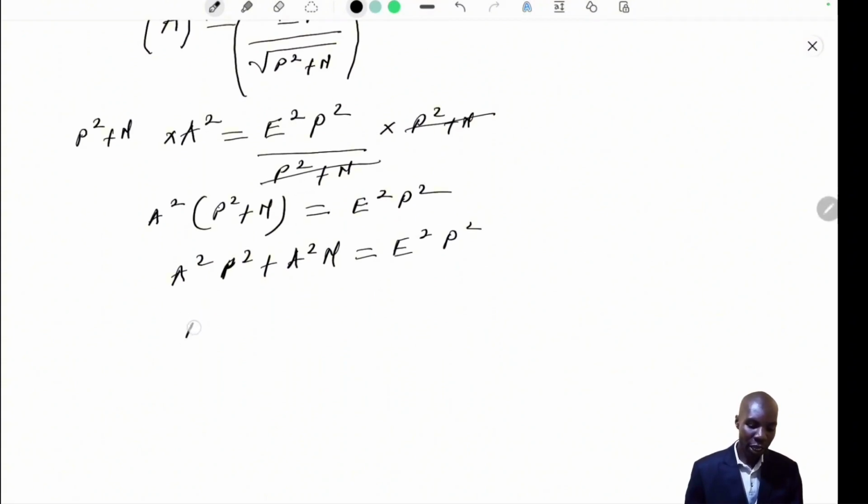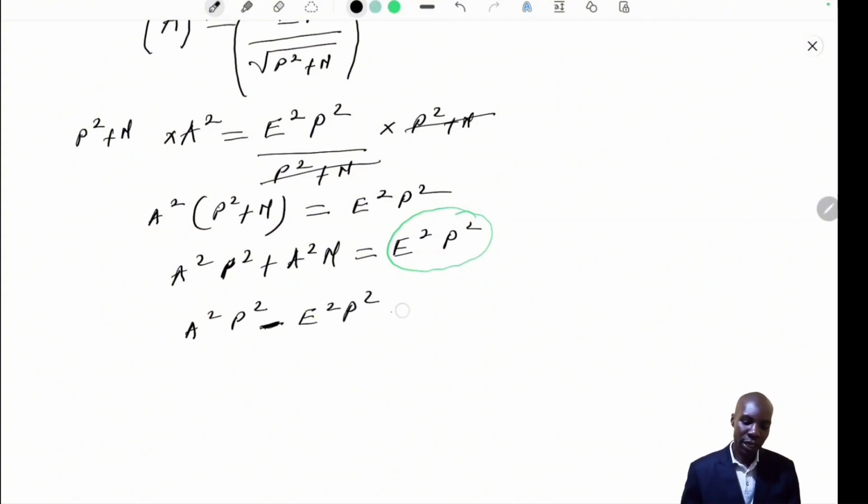So we'll have a squared p squared minus e squared p squared on the left hand side, bringing e squared p squared over.